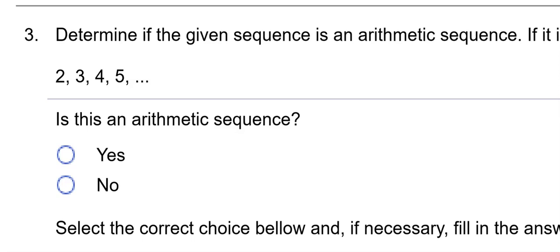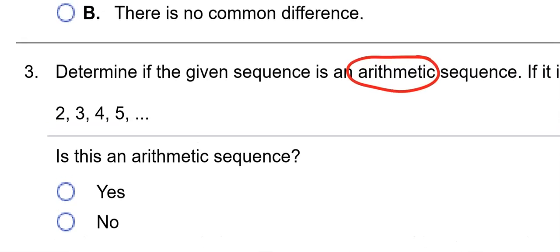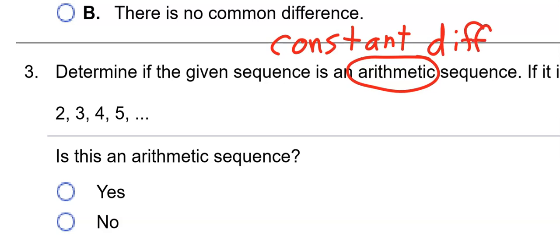I want to focus our attention on a particular type of sequence called arithmetic. Arithmetic means that it has a constant difference between terms. When we use the word difference, what do you think?